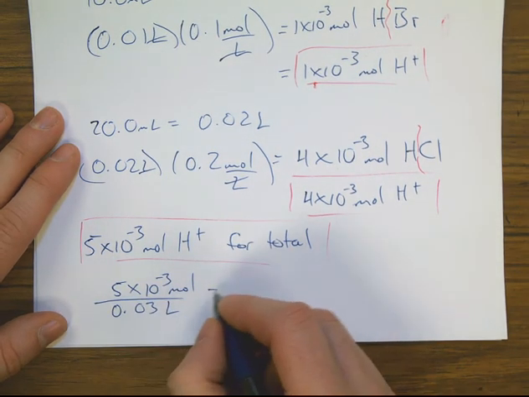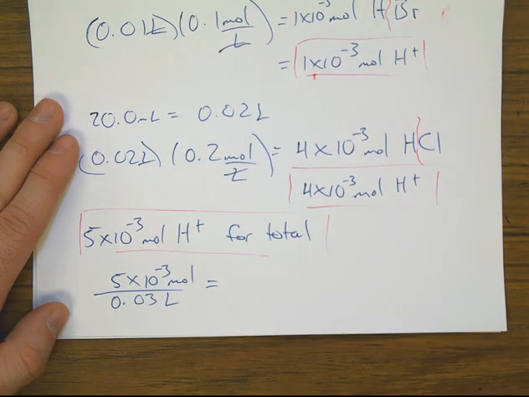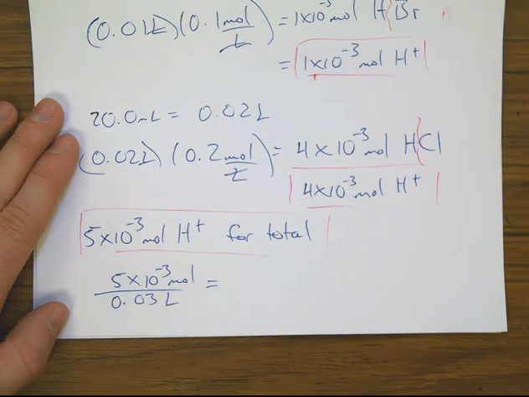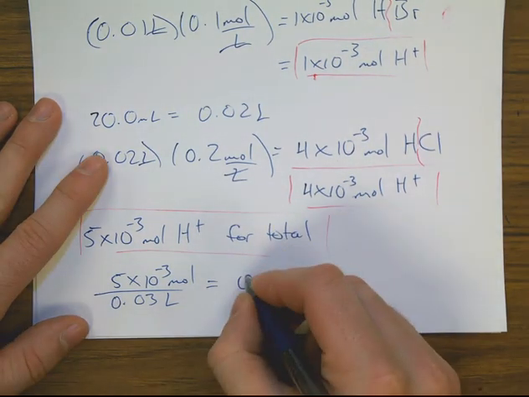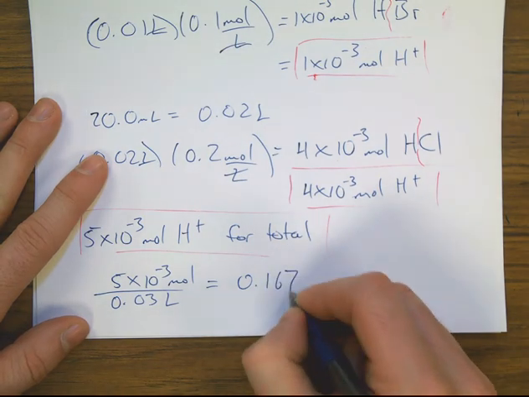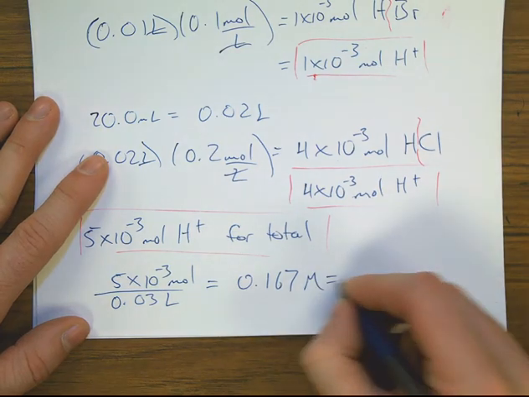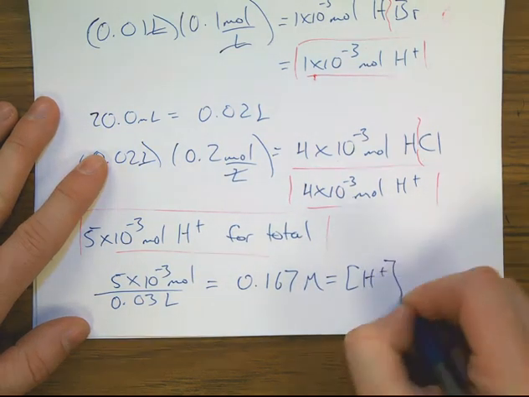And that's going to tell me my concentration of hydrogen ions. So 5 times 10 to the negative third divided by 0.03 gives me 0.167 molarity, and that's your H+ concentration.